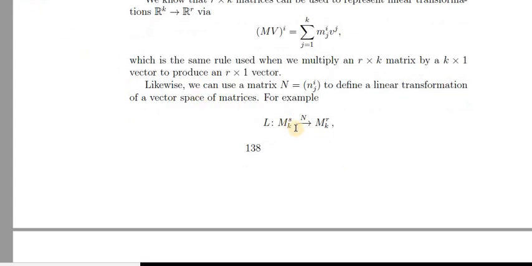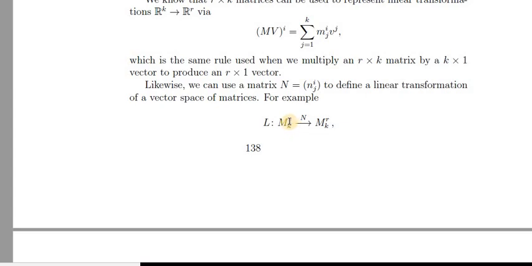Now, we know that matrices themselves form a vector space, and you can multiply matrices by a matrix. So a matrix acting on a vector space of matrices gives me a linear transformation. That's expressed in this equation here. The linear transformation L is the transformation effected by the matrix capital N from the vector space M_SK.